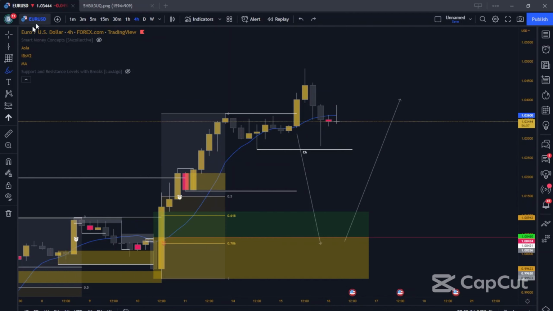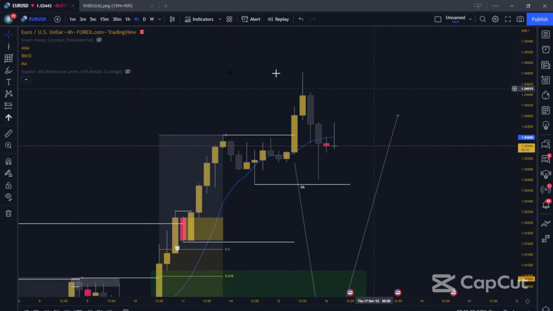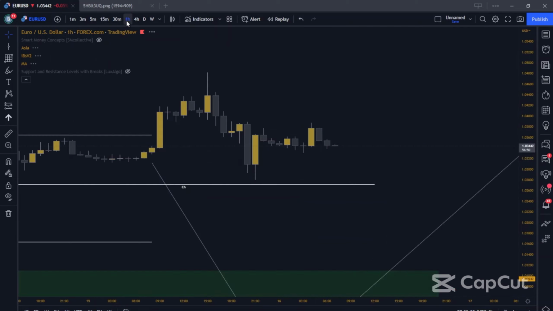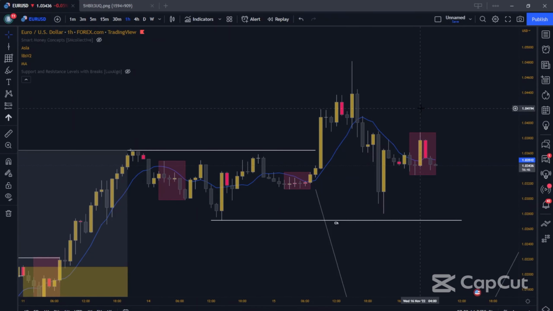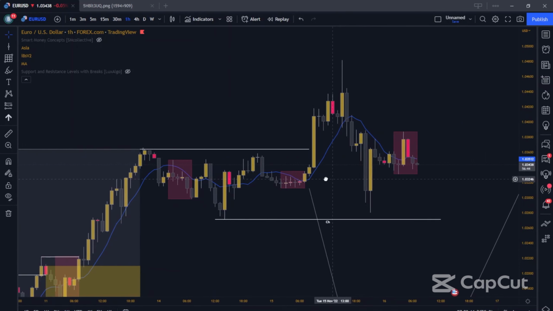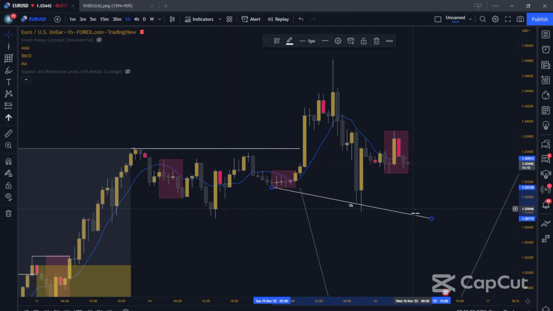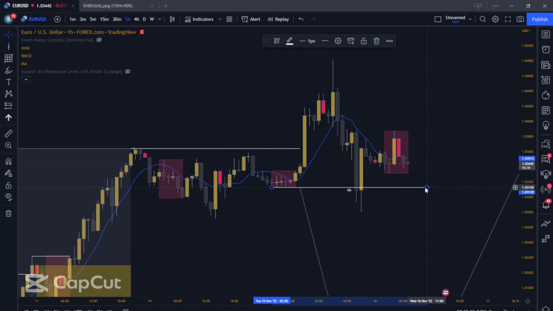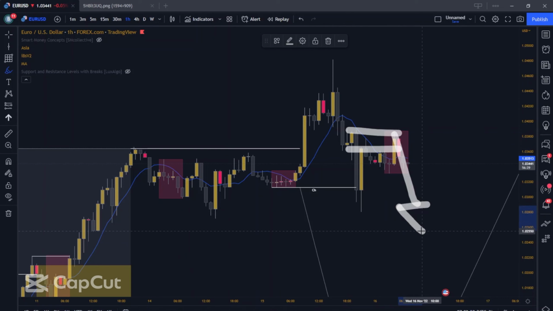we can expect shorts. We had a little pump in the market yesterday. A trade was produced on GBP USD, Euro USD on the 1 hour. So this would have been my chalk for 1 hour. Retracement into this supply and then shorts from there.